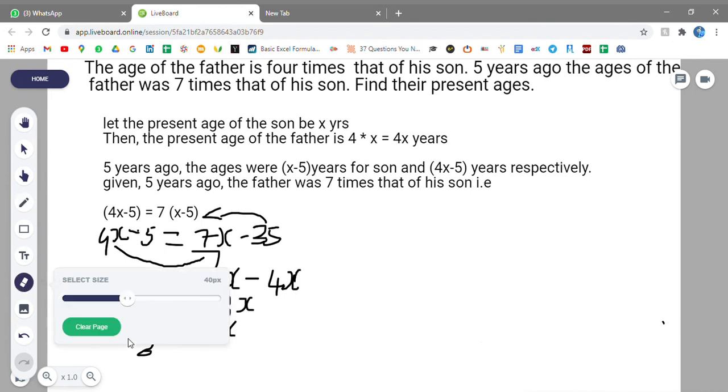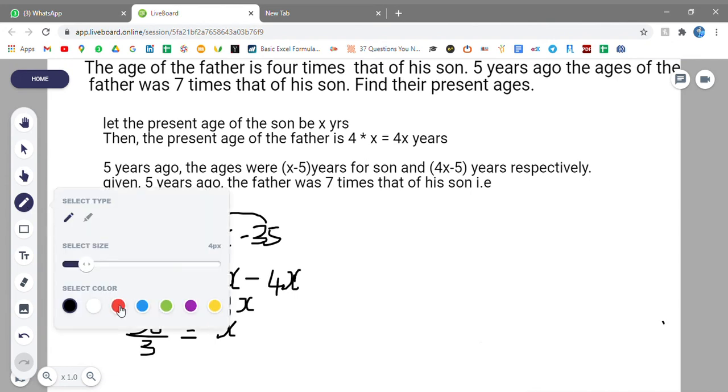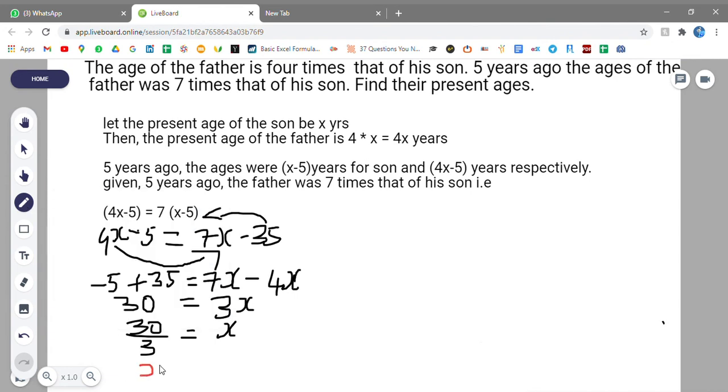30 divided by 3 is equal to x. Therefore, x is equal to 10. Correct? So this is the answer that we require to find the age of the son as well as the father.